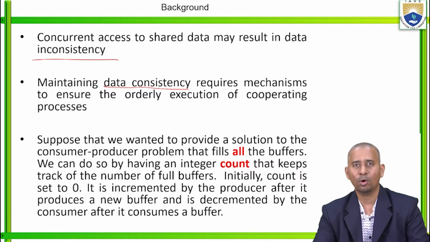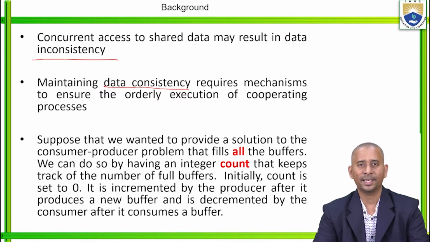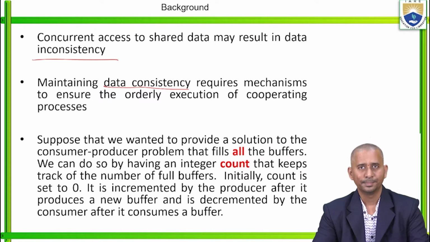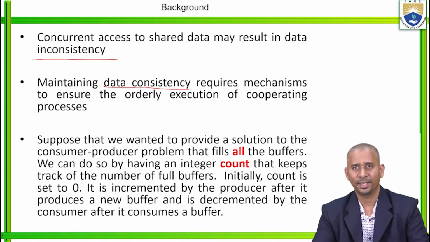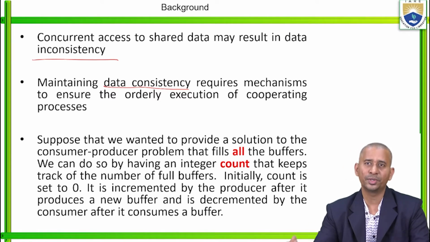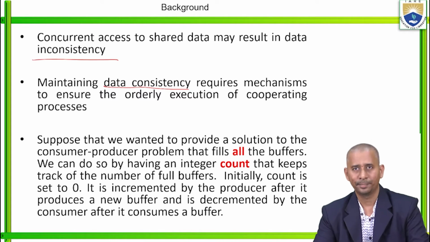We know what cooperating processes are: more than one process can access the shared common data at a time. Then you have to maintain data consistency, which requires mechanisms to ensure the orderly execution of cooperating processes.